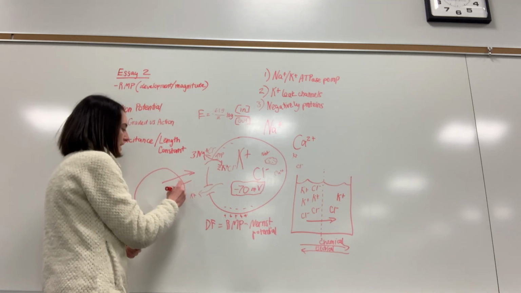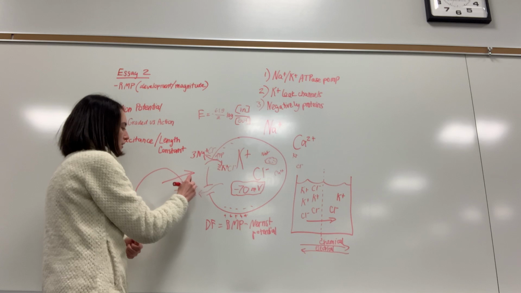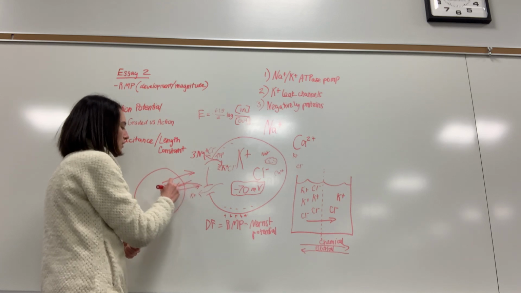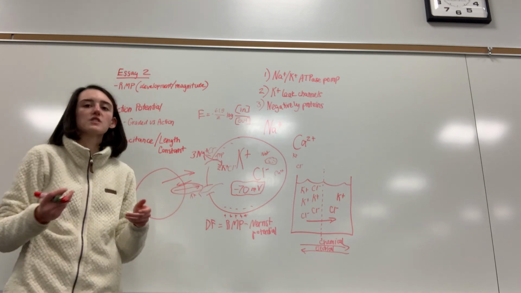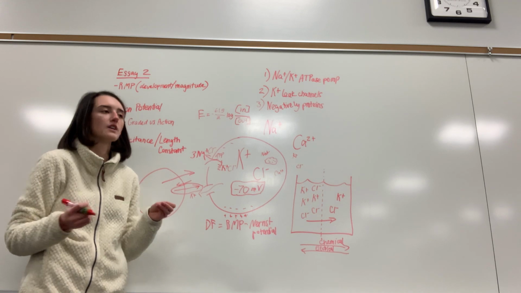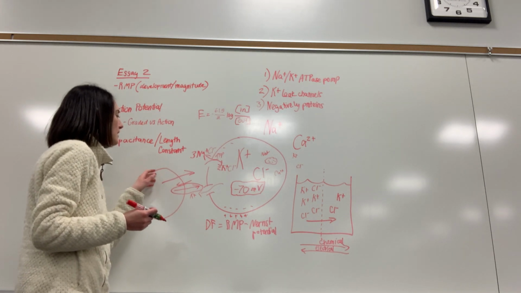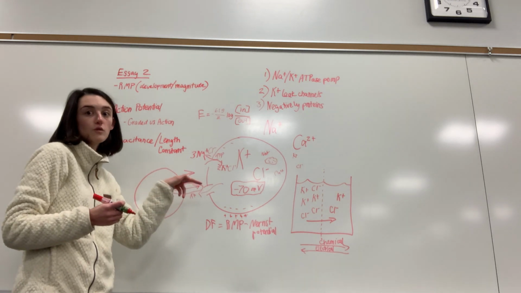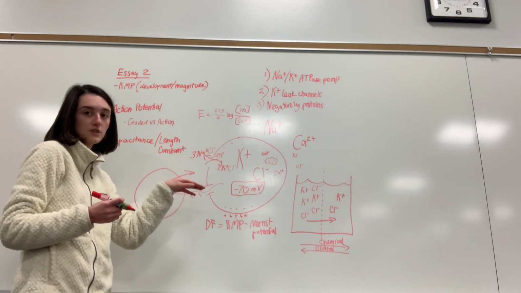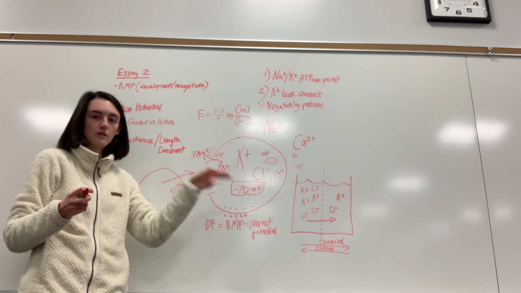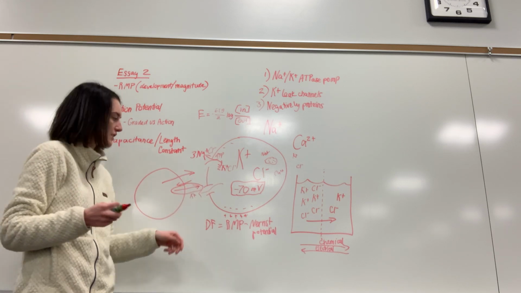Well, we know the net force, represented by this third arrow, is what's called the driving force of the cell. So if the cell ion has a stronger vector going out of the cell, it's going to have a driving force that's stronger going out of the cell.